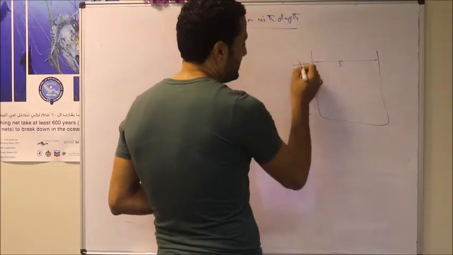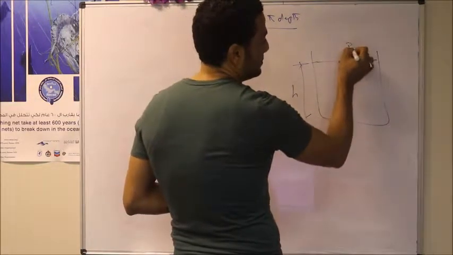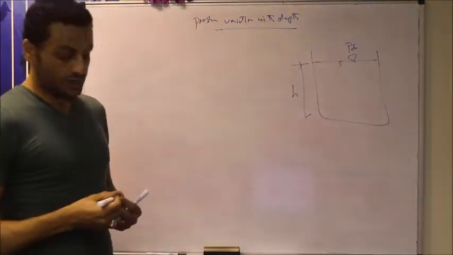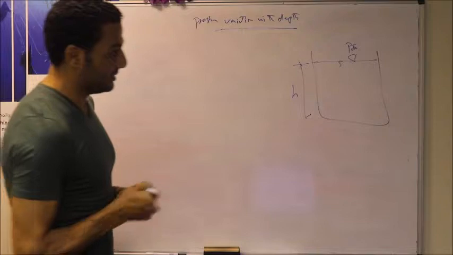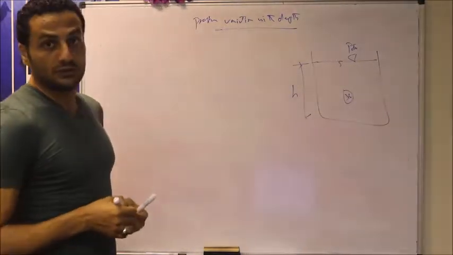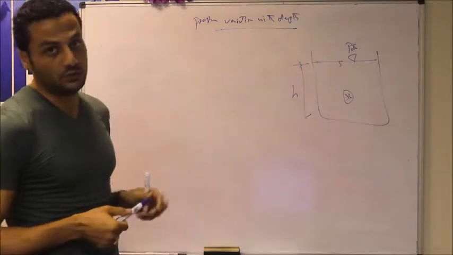This fluid has a height, let's say h, under atmospheric pressure, so the pressure at the top of this tank is equal to P atmospheric. We need to know the pressure at any point inside in terms of the fluid properties, in terms of density and the height of the fluid.